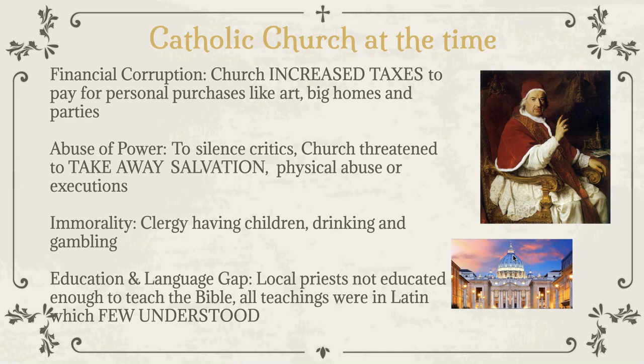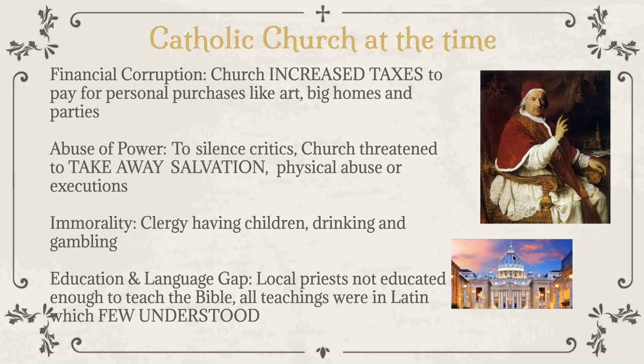One could be threatening to take away your salvation, that they could excommunicate you from the church, they could kick you out, and by that, you would not be able to get into heaven. And then they also utilize physical abuse or torture, as well as executions, as another way of trying to silence anyone that was going to speak ill of the church.